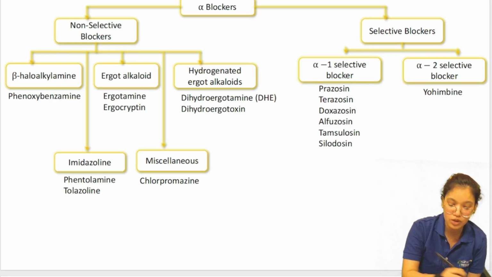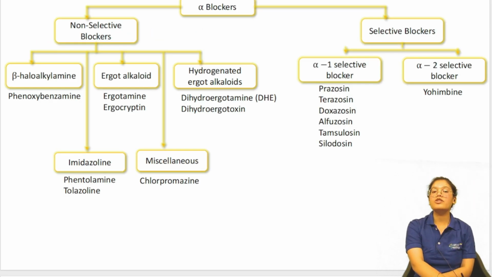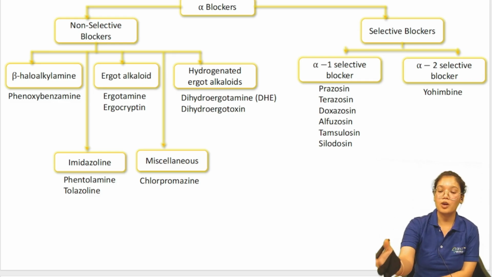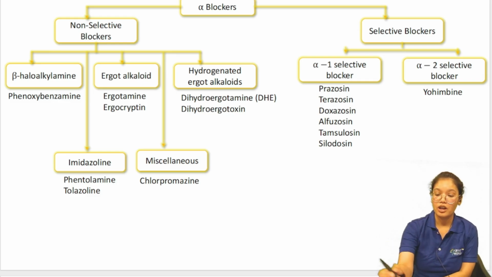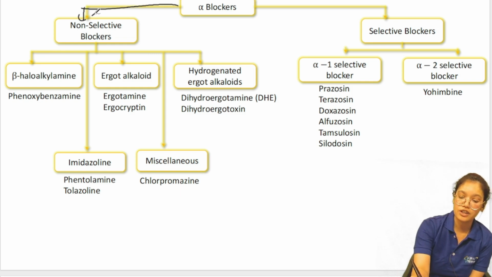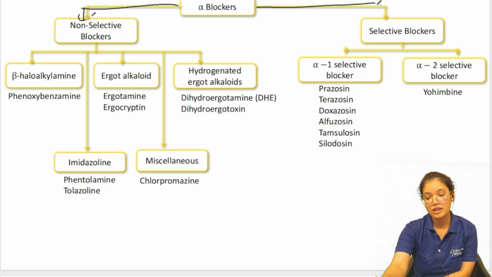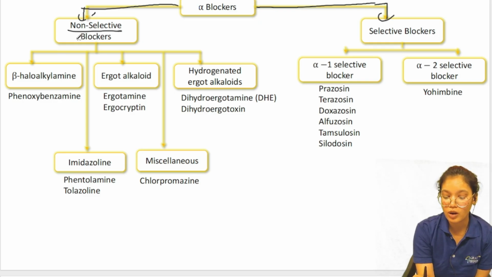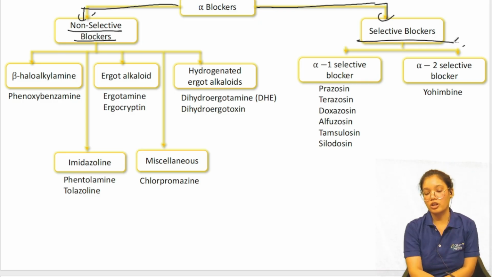Now moving forward towards the classification of these anti-adrenergic drugs. First is the alpha adrenergic receptor blockers. These are further subdivided into two parts, the non-selective blockers and the selective blockers.